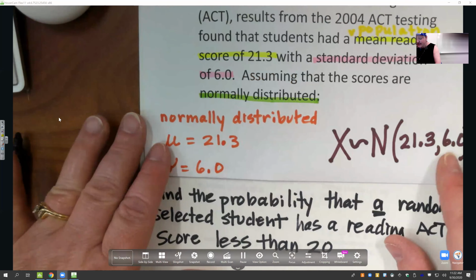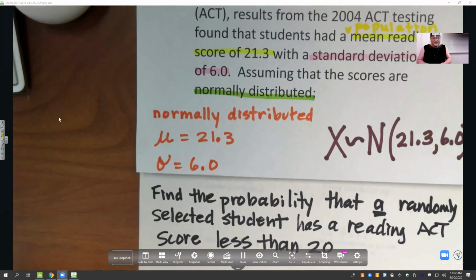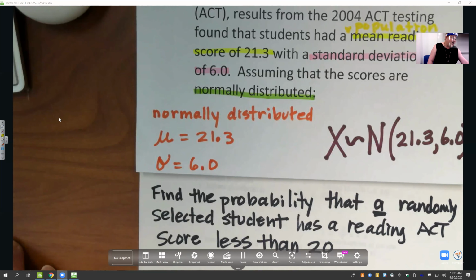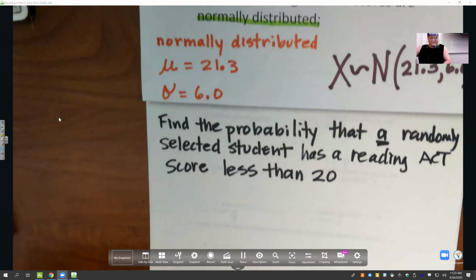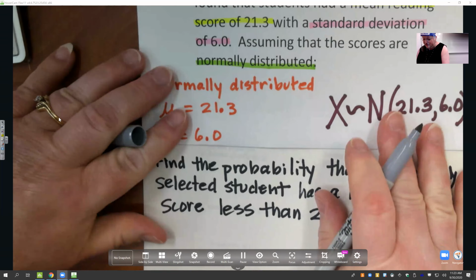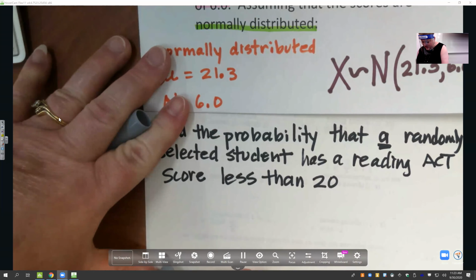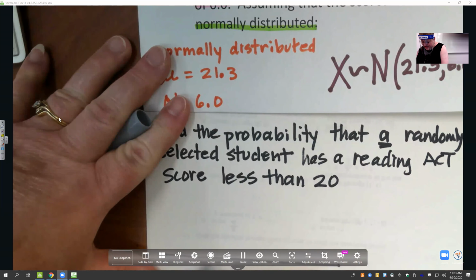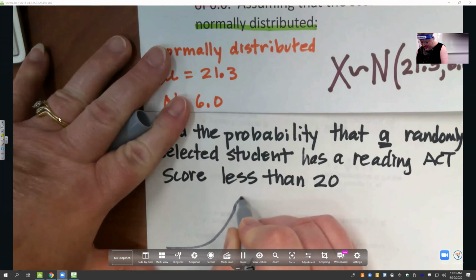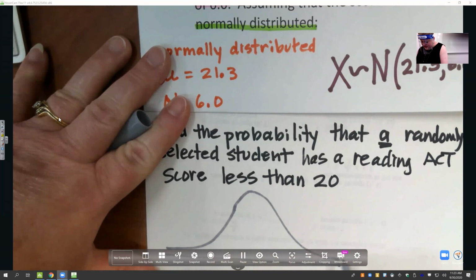Now, we already know that we have a normal distribution. We know the mean and we know the standard deviation. I like to draw a picture of what's going on, okay? So I'm going to try to do that. When you draw the picture, you draw the horizontal number line, the bell-shaped curve.